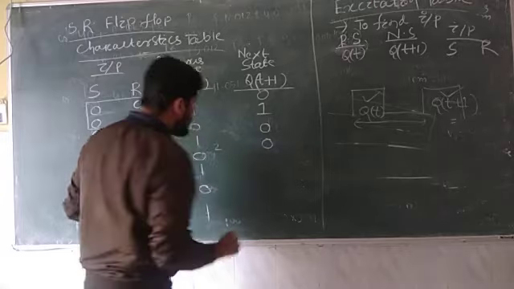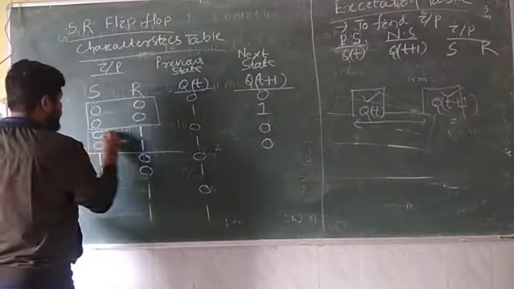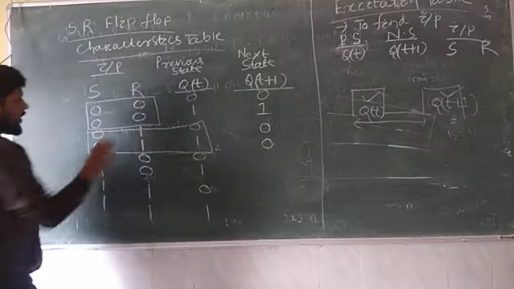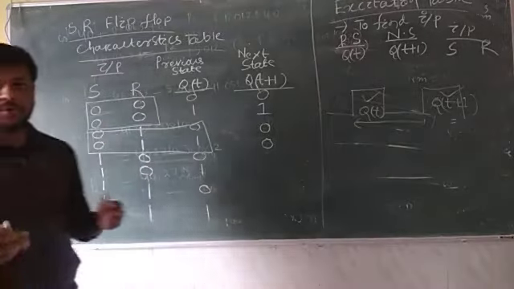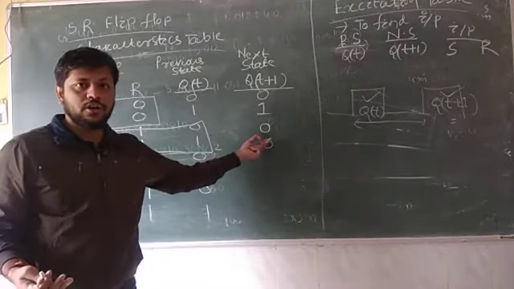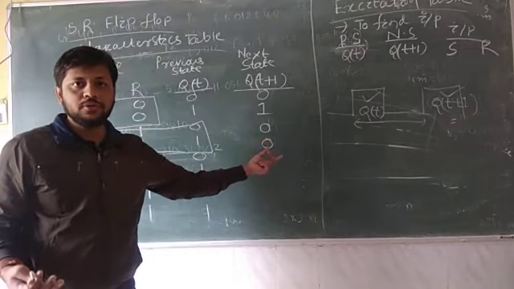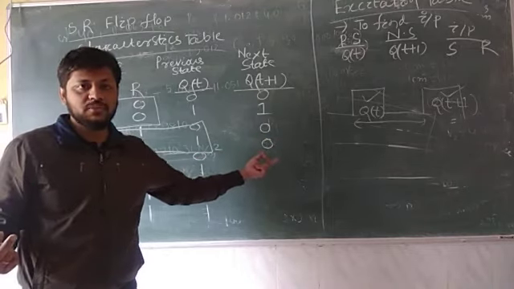Why? Because when R is 1 and S is 0, your flip flop output is reset. Reset means it will enter into the 0 state. Set means 1, reset means 0.